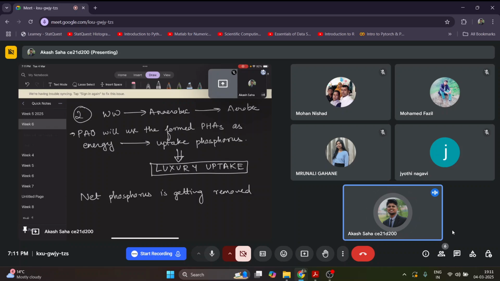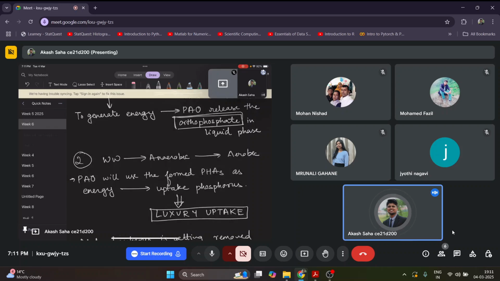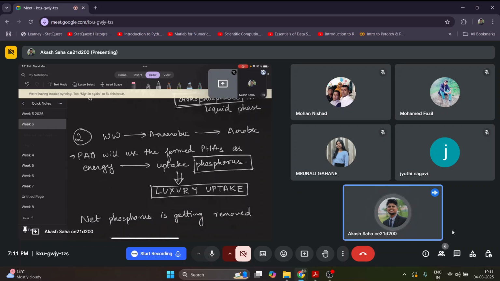Here also some phosphorus is released into the liquid, but again it is taken up by the bacteria. The net amount of phosphorus taken up is more than what is released. That's why it is known as luxury uptake.